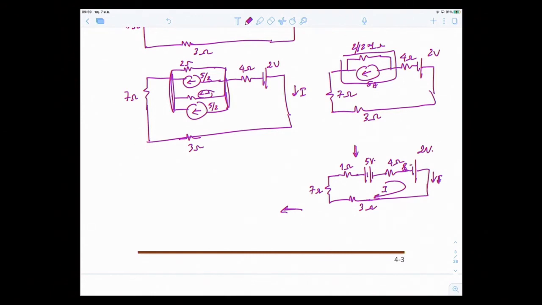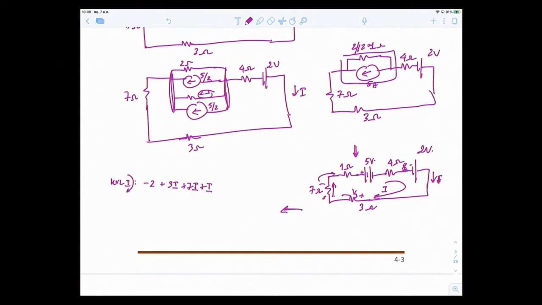So KVL for that loop I: I see -2 first. Then come here, the voltage drop across 3 ohms, 3 times I, so plus 3I. Come here, plus 7I. Comes here, plus I.